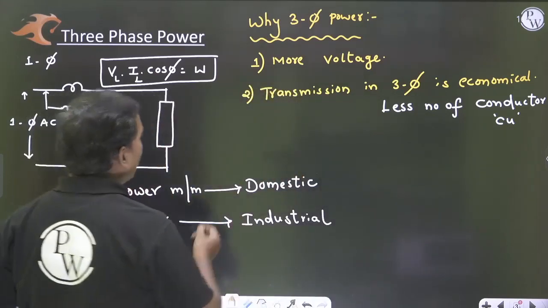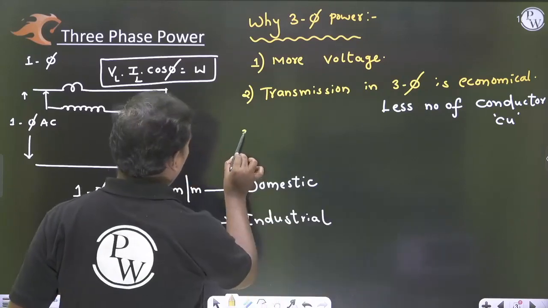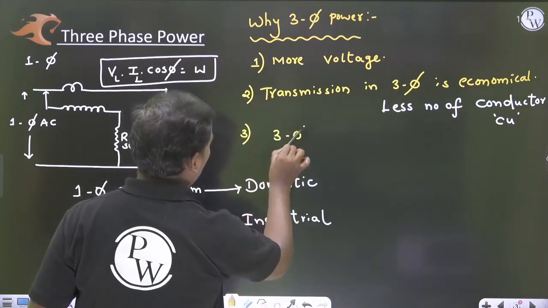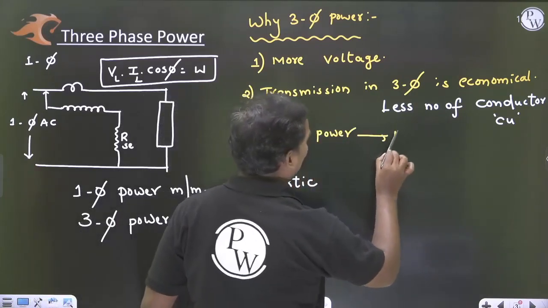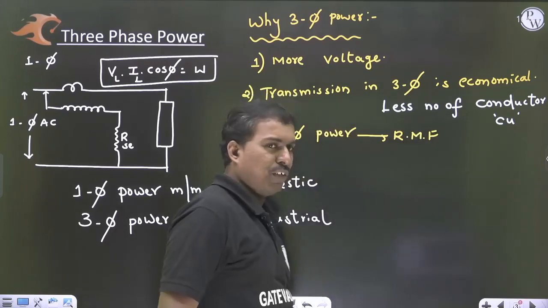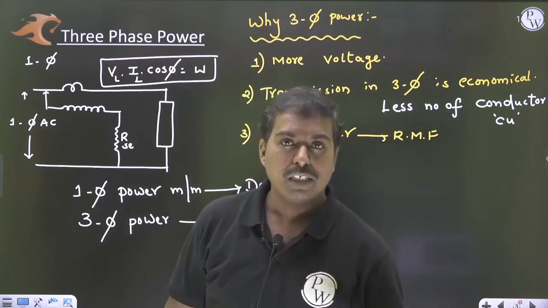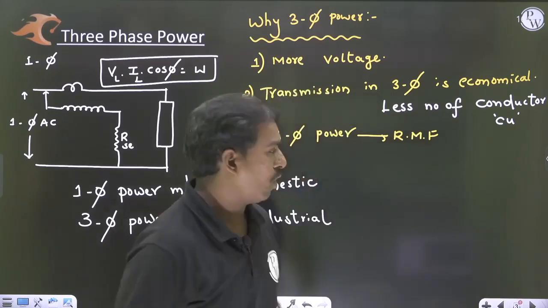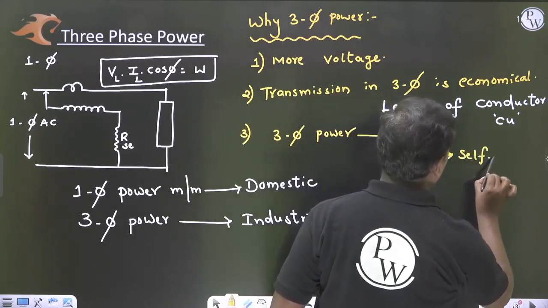Third thing, in three phase power we have the rotational magnetic field concept. Yes or not? RMF, rotational magnetic field. If you see the windings, we have the rotational magnetic field concept. This rotational magnetic field concept is used for the self start of the machines.